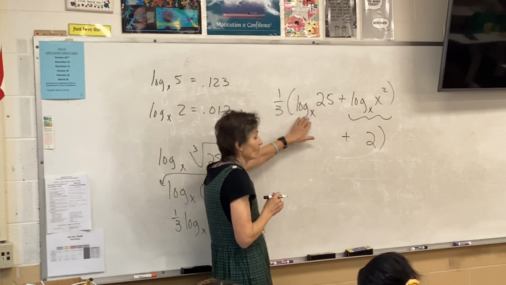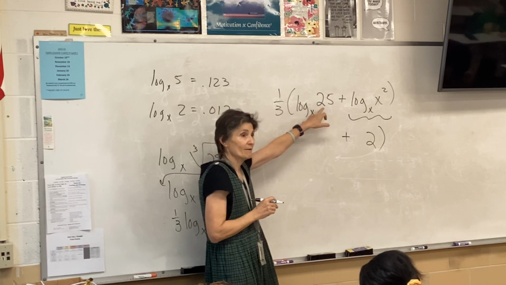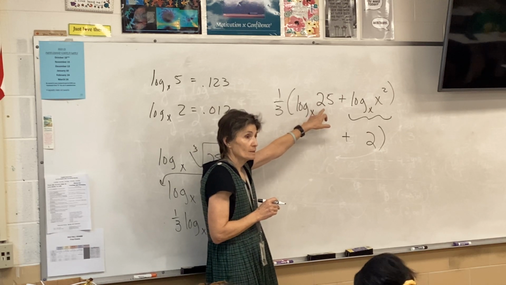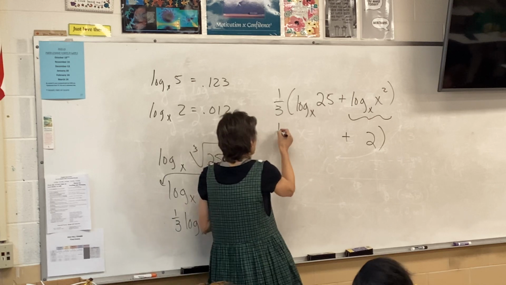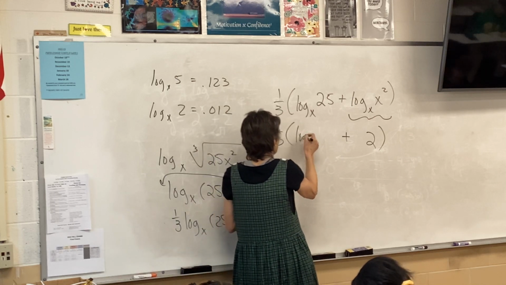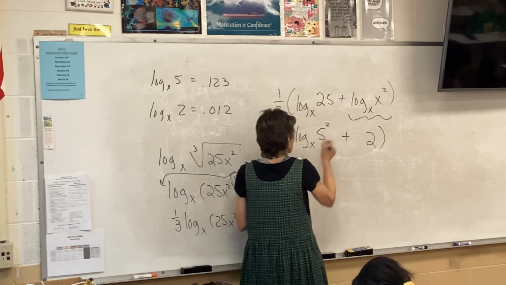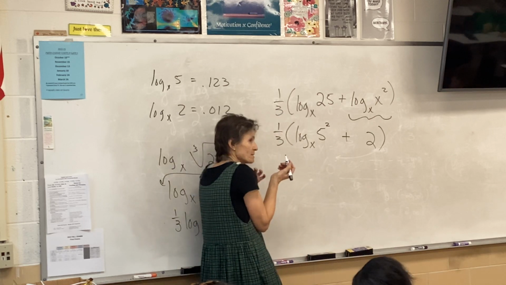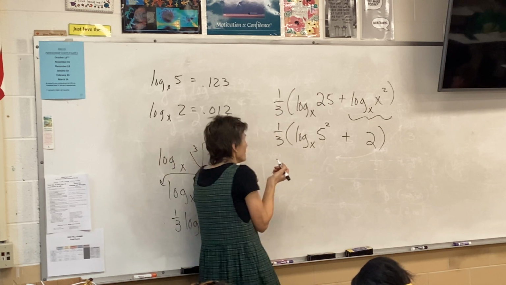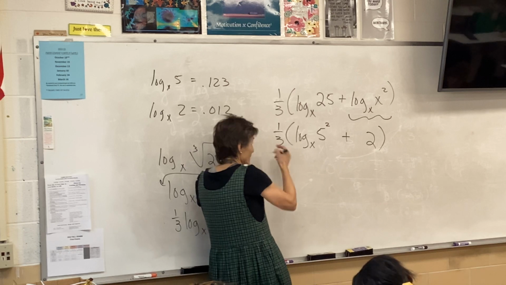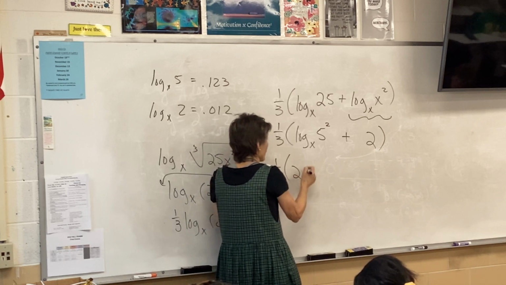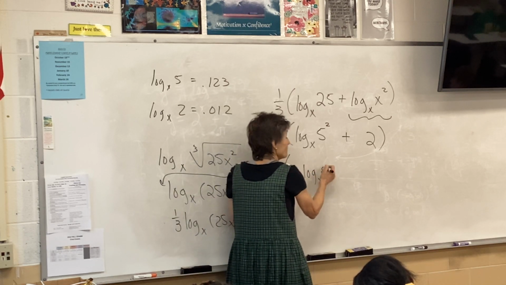What about this though? What do you know about 25? It's 5 squared. So we can think of that as the log base x of 5 squared, and then what happens to the 2? Not all the way out in front. It only comes out in front of its logarithm, right?